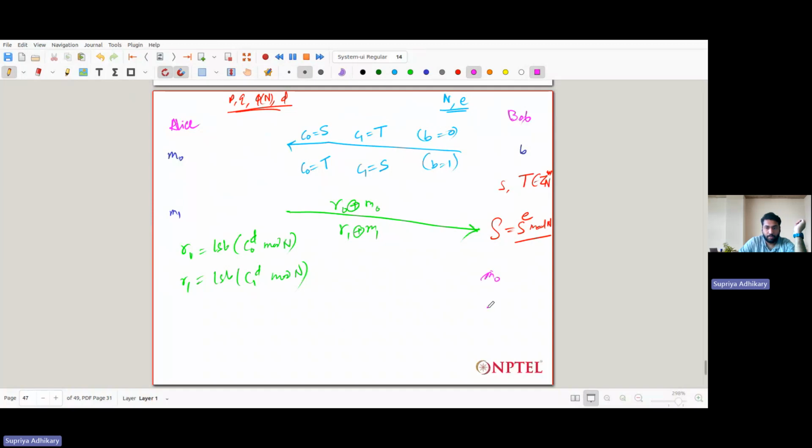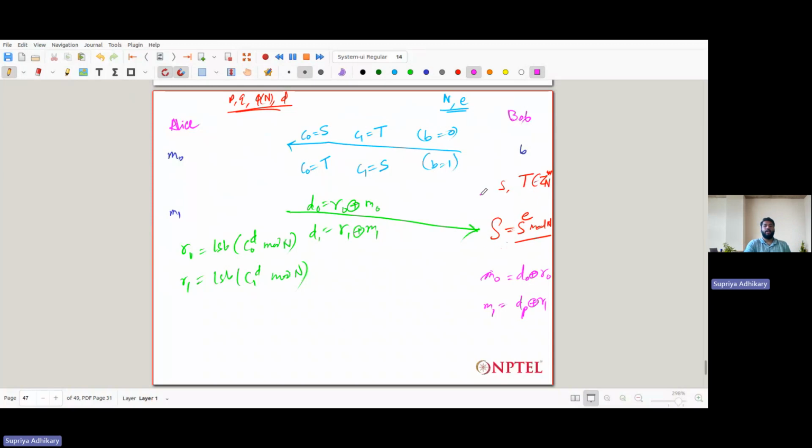Let's call these D0 and D1. Bob can generate M0 and M1 by computing D0 xor R0 and D1 xor R1.